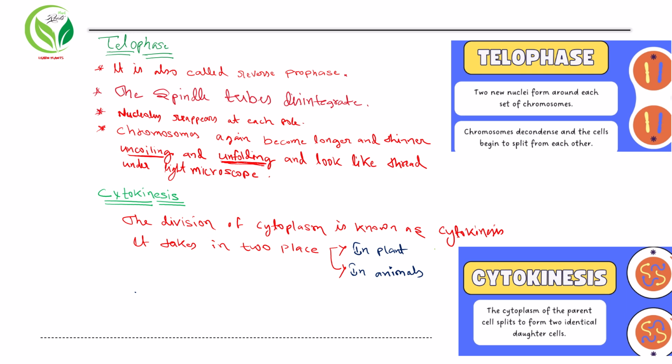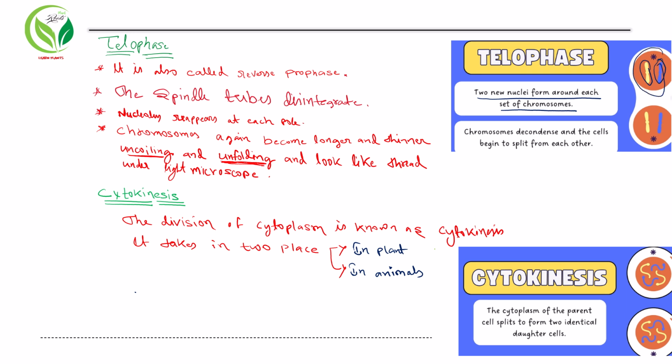So next is telophase. What is telophase? In this cell division stage, two nuclei form around each set of chromosomes.